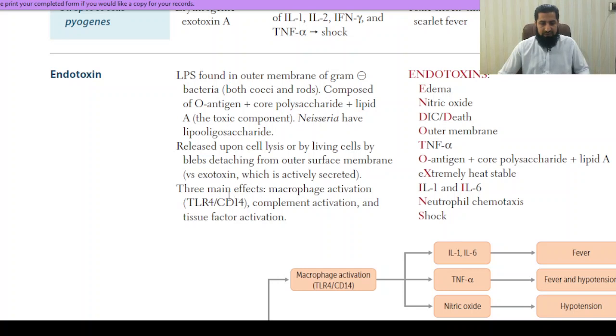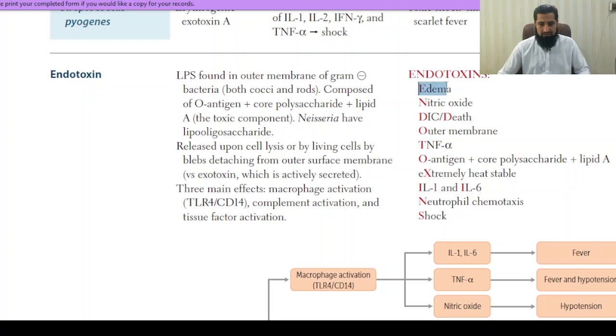Their main effect is affects macrophage activations, T cell, TLR4, toll-like receptor 4 and CD14, complement activations and tissue factor activations.